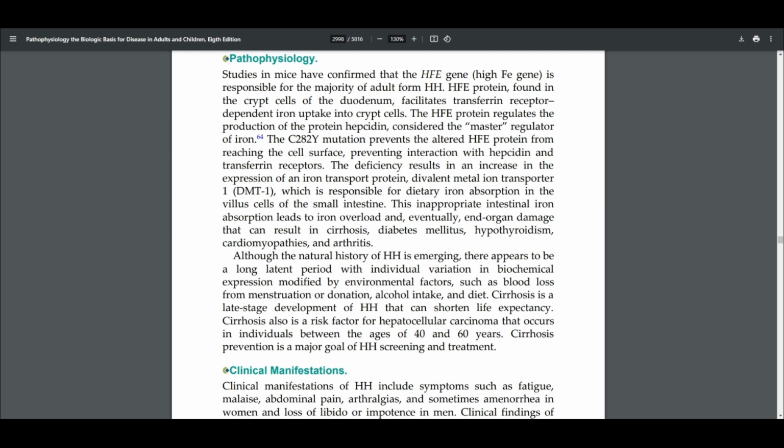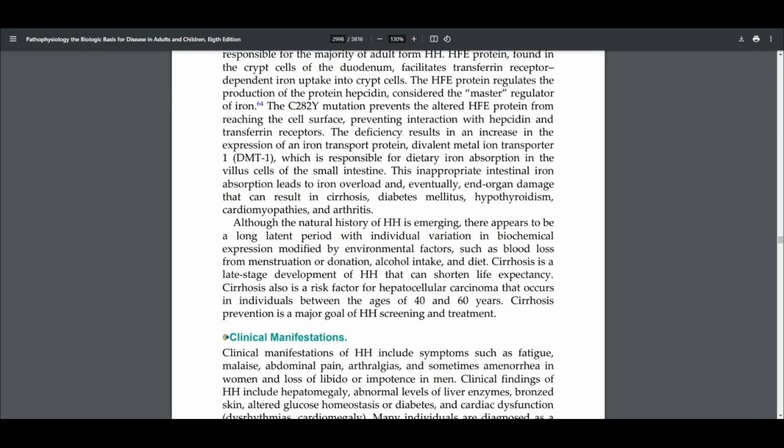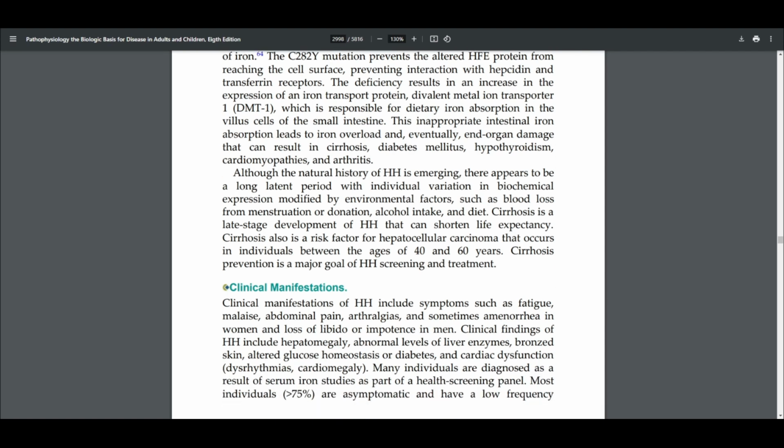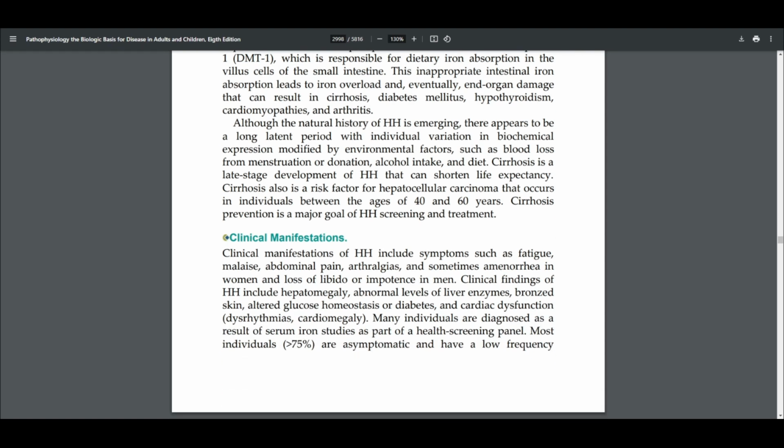This inappropriate intestinal iron absorption leads to iron overload and eventually end organ damage that can result in cirrhosis, diabetes, hypothyroidism, cardiomyopathies, and arthritis. Although the natural history of HH is emerging, there appears to be a long latent period with individual variations in biochemical expression modified by environmental factors, such as blood loss from menstruation or donation, alcohol intake, as well as diet.